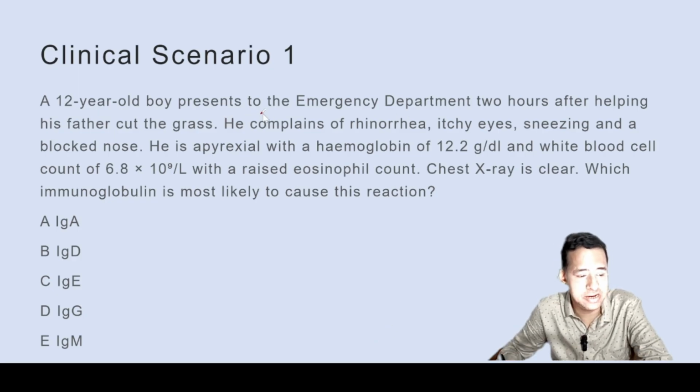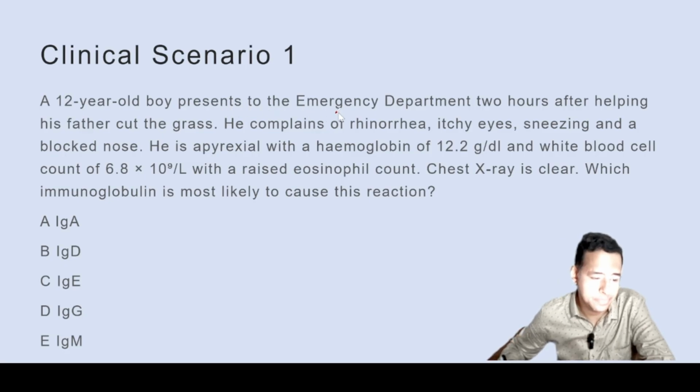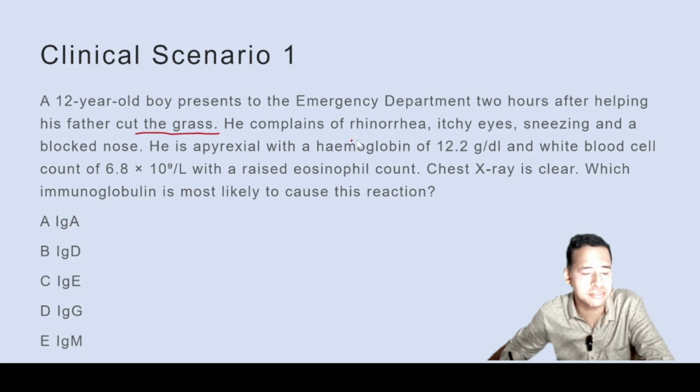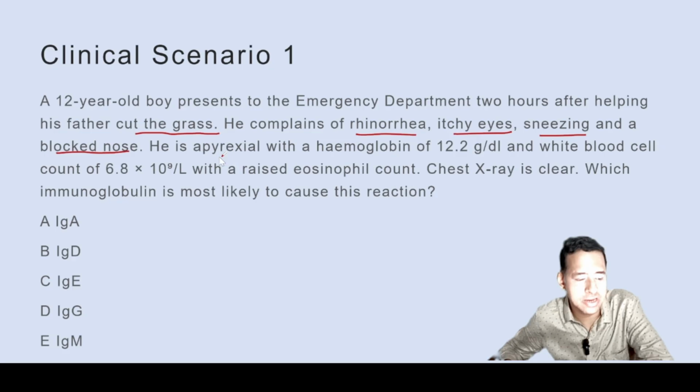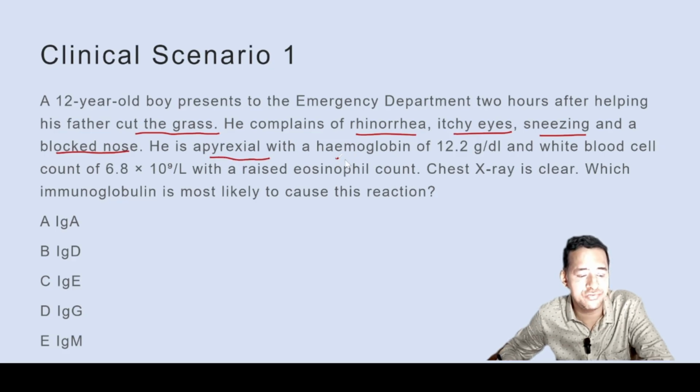A 12-year-old boy presents to the emergency department 2 hours after helping his father cut the grass. He complains of rhinorrhea, itchy eyes, sneezing, and a blocked nose. He is apyrexial, with hemoglobin 12.2 and WBC 6.8 x 10^9 per liter, with a raised eosinophil count, and chest X-ray is clear.